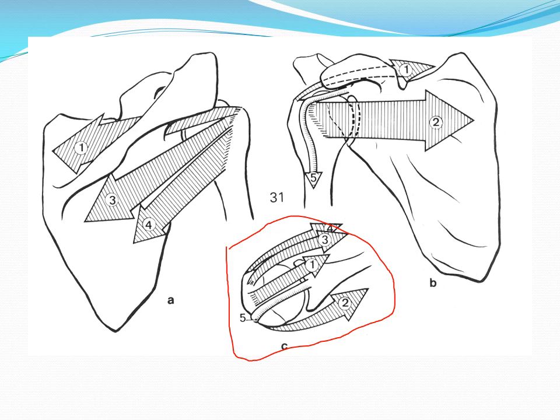All right, here we see some Kapandji slides from a Kapandji textbook in which they're showing you the force couples of these different muscles. You should be able to pick out all these muscles. Number 1 represents the supraspinatus, 3 the infra, 4 the teres minor.